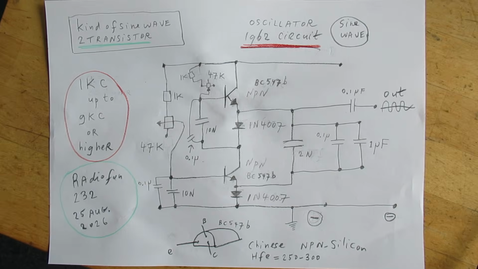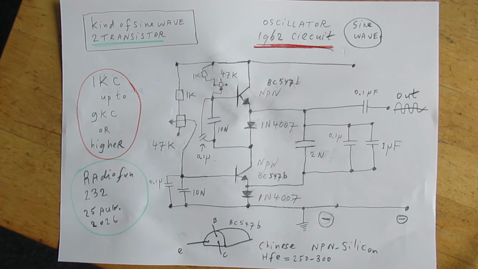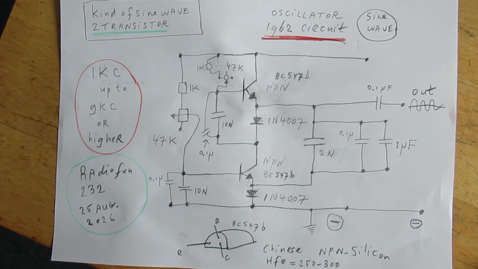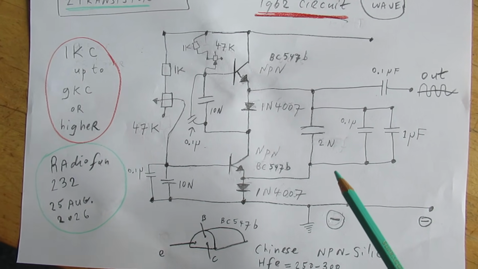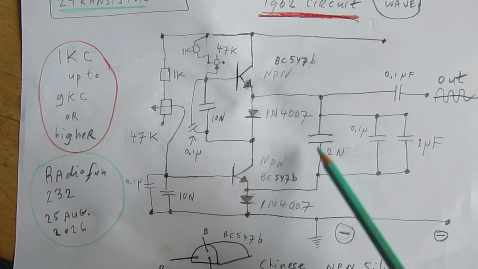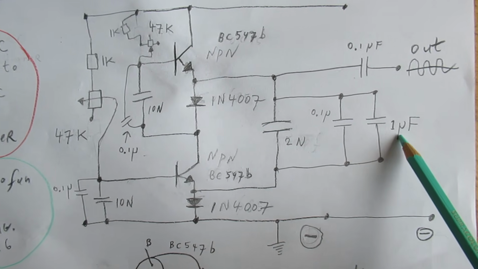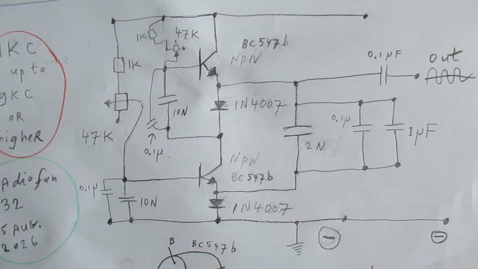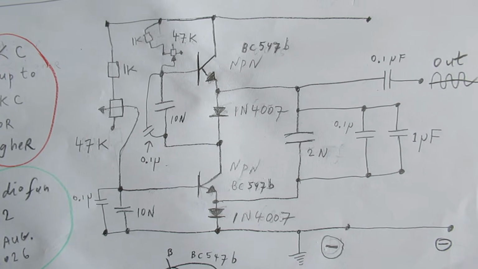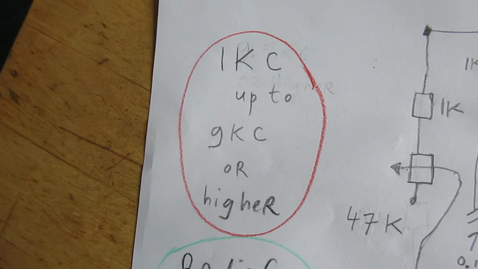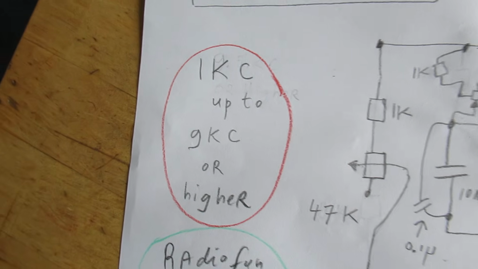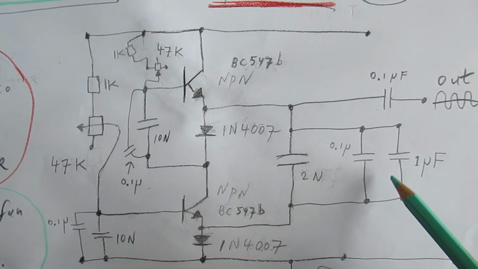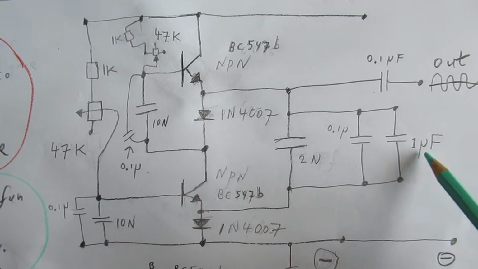To make it work, I made the value of this capacitor very high, in the order of 1 microfarad, and even then it worked on, not very high, but say 1 kilocycles up to 9 kilocycles or 33 kilocycles, even with this more or less high value capacitor of 1 microfarad.